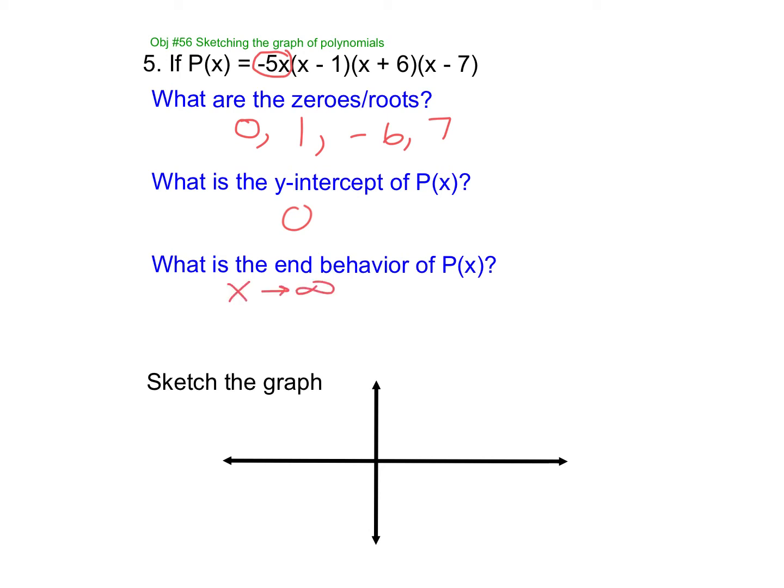As x goes to infinity, y goes to... whoops, x goes to negative infinity. What is happening to our y? So when I plug in pluses, I have a minus 5 in the front, right? And then we have, you don't really need the 5, but a 1, 2, 3 pluses.